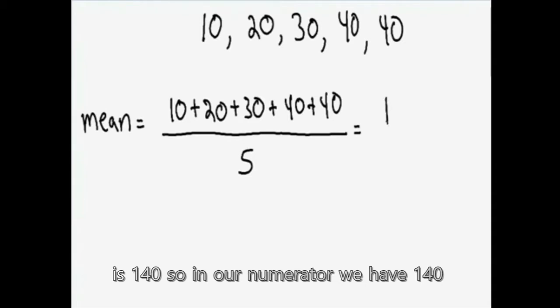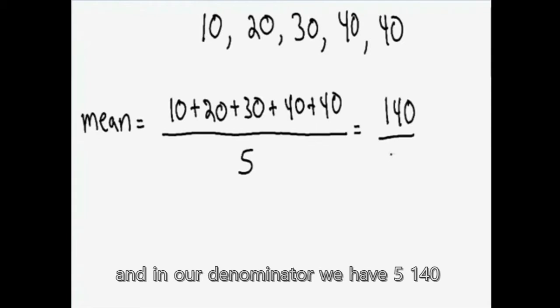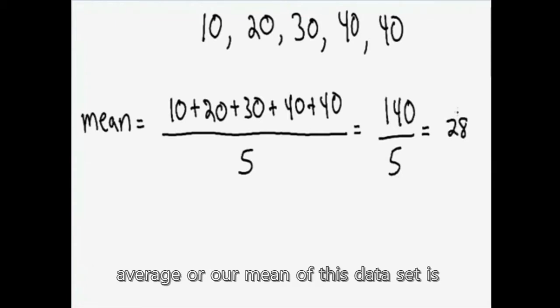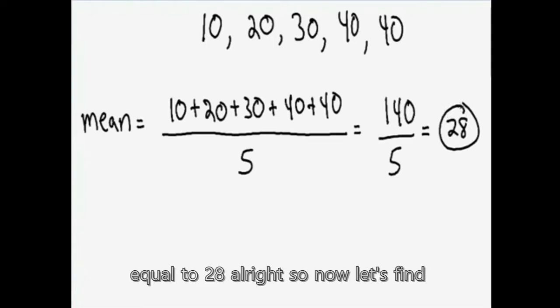So in our numerator we have 140, and in our denominator we have 5. 140 divided by 5 is equal to 28. So our average, or our mean, of this data set is equal to 28.